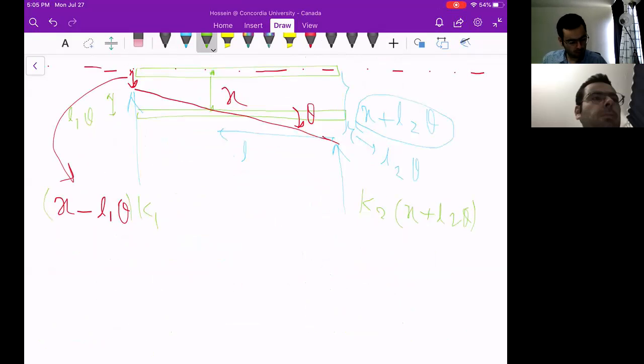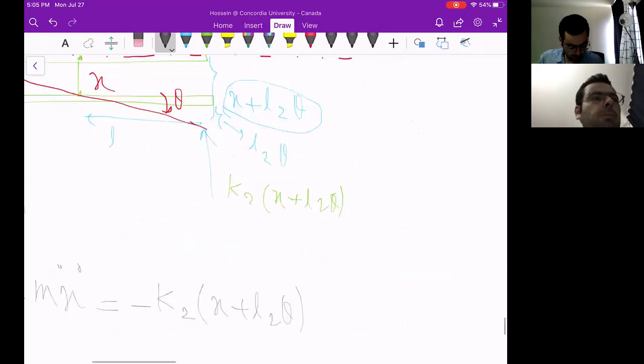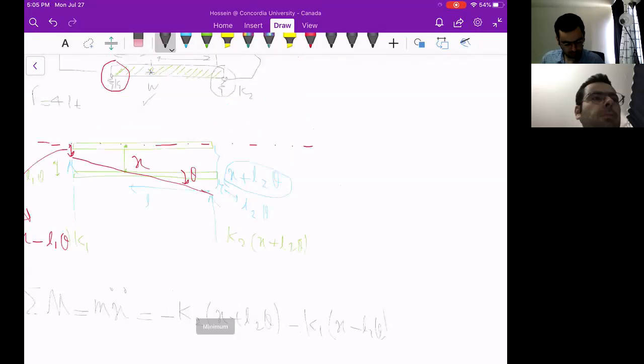So the summation of forces applied to the mass in the vertical motion is M x double dot. The 2 springs oppose the motion, so minus K2 times X plus L2 theta for the right spring, and minus K1 times X minus L1 theta for the left spring.